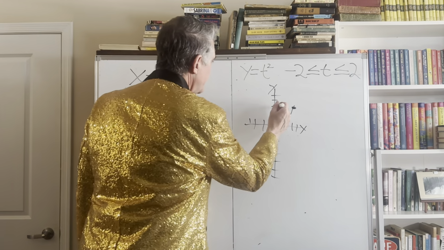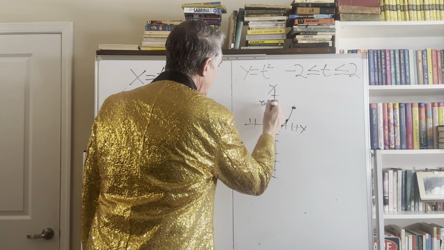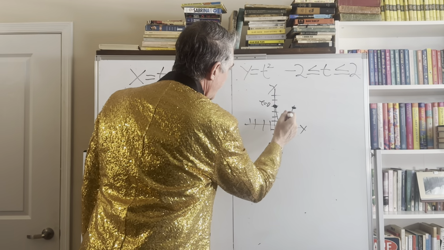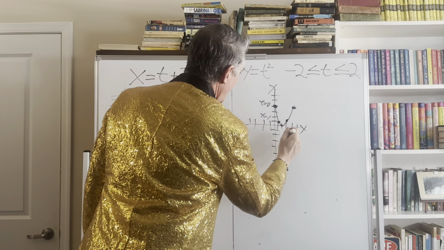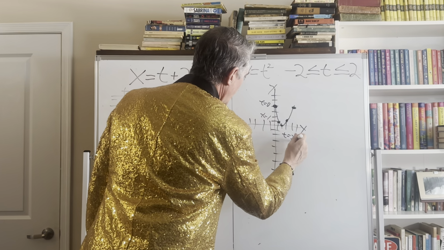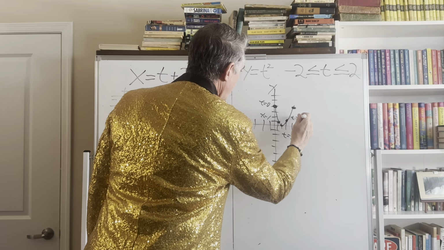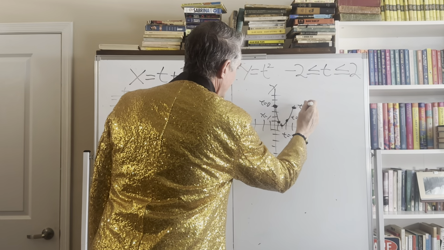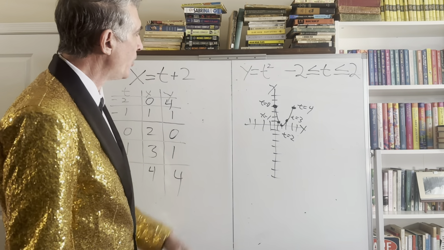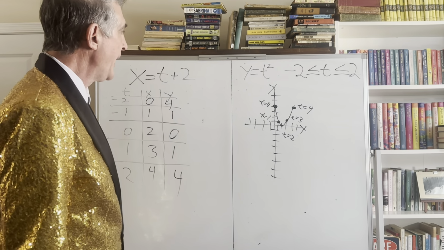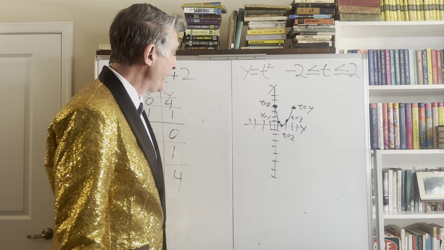Okay, so for this point right here, that's going to be t equals 0. And for this point here, that's going to be t equals 1. And then for this plot here, that will be t equals 2. Here will be t equals 3. And last but not least, obviously, t equals 4. Well, all that's left for me to do now is point the arrows in the direction that this parabola, or this object, projectile maybe, is heading.